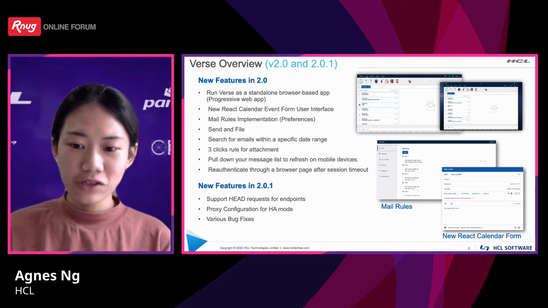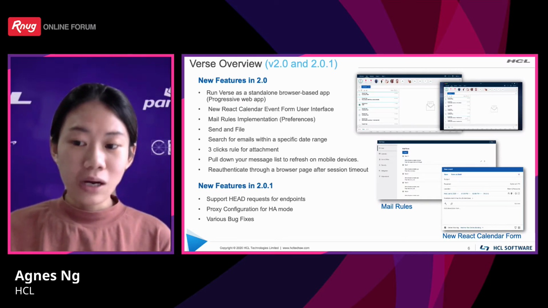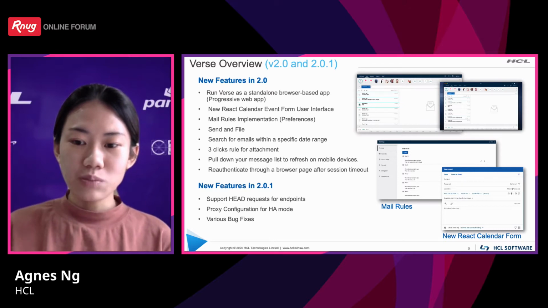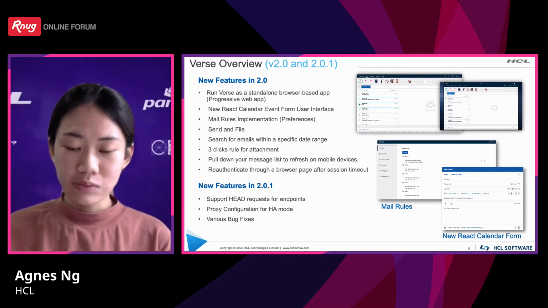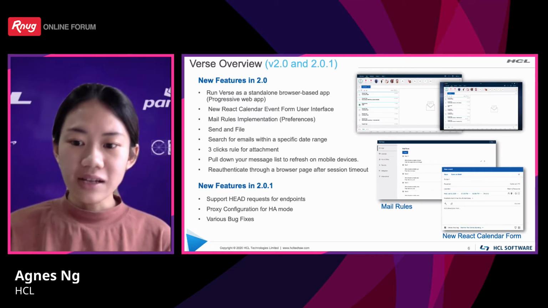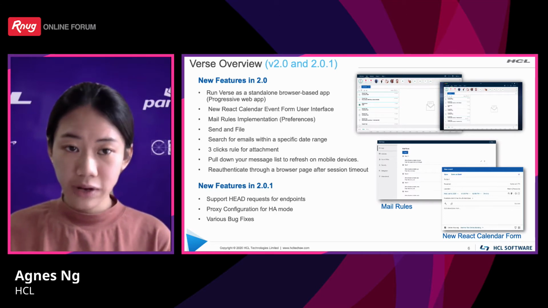You may have a question: what's special about this release? In 2.0.1, we support the HEAD request for 2 endpoints, and a lot of improvements were made about languages and Sametime awareness. For instance, you can open the help documentation that matches your language in Verse right now.